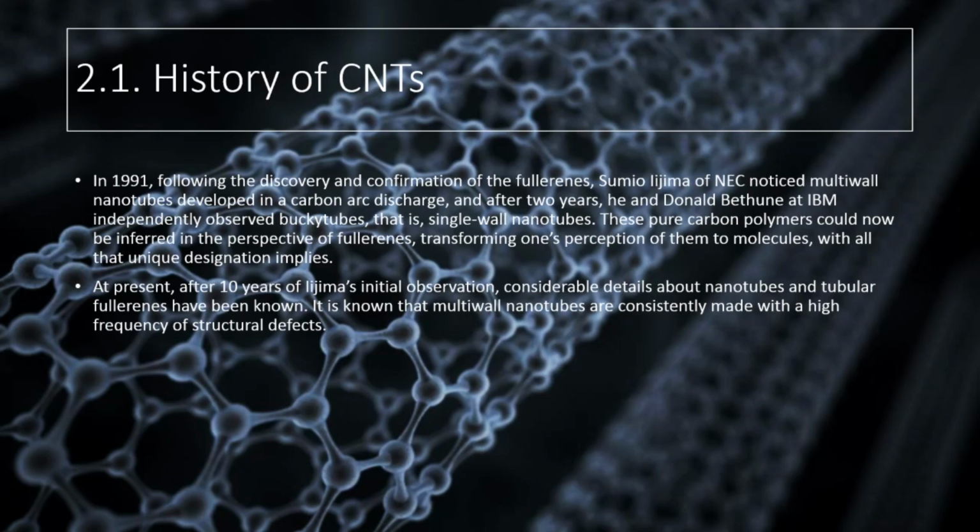These pure carbon polymers could now be inferred in the perspective of Fullerenes, transforming one's perception of them to molecules, with all that unique designation implies. At present, after 10 years of Iijima's initial observations, considerable details about nanotubes and tubular Fullerenes have been known. It is known that multiple nanotubes are consistently made with a high frequency of structural defects.